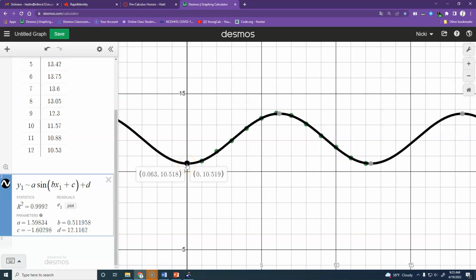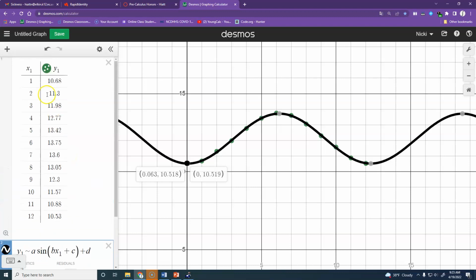When does the shortest day occur? It's December. So for this, that has to be shifted so that it lines up here because they're giving you 1 as January.